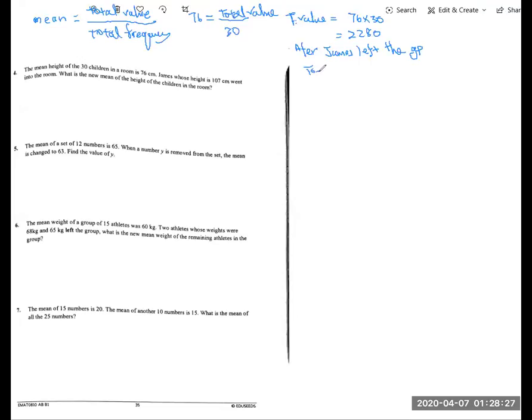The total value is actually 2280 minus the height of James, am I right? So minus 107 gives you 2173. It should be in cm.